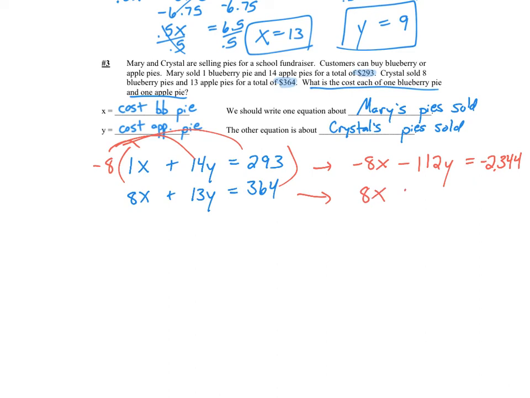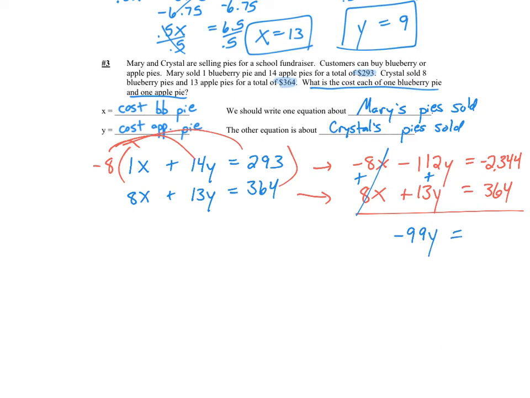So 8x plus 13y equals 364. So now you add them up. Negative 8 plus 8 cancels. Negative 112 plus 13 is negative 99y.